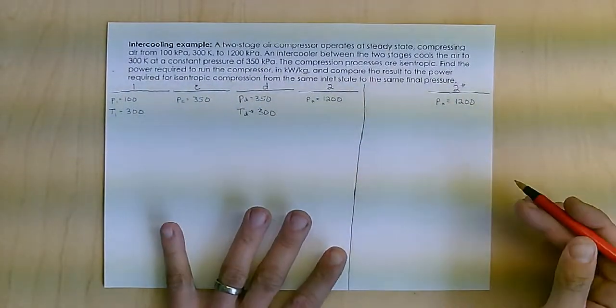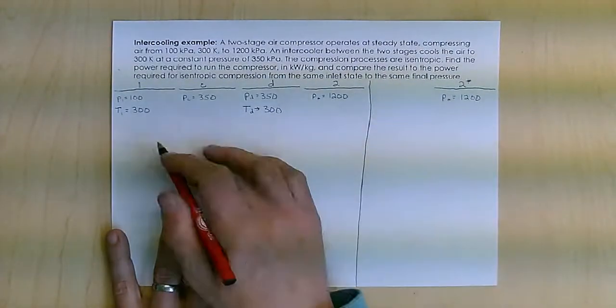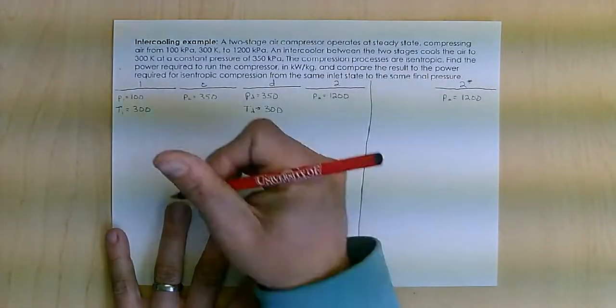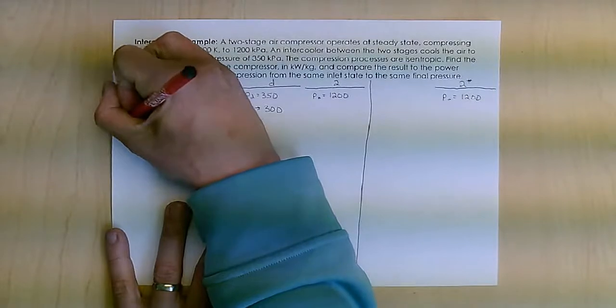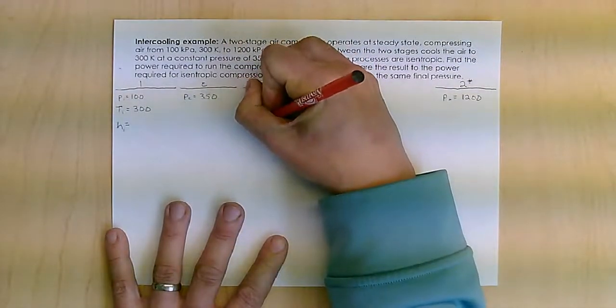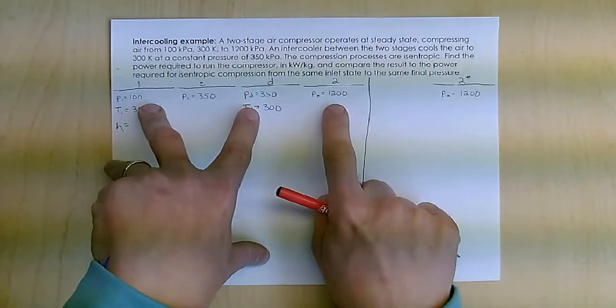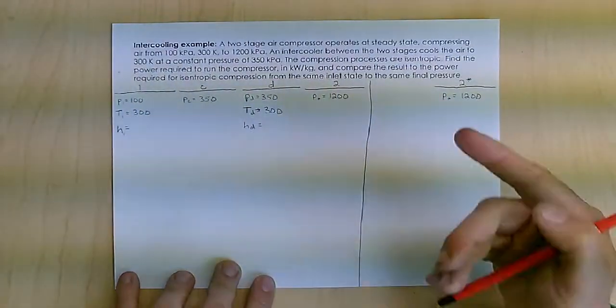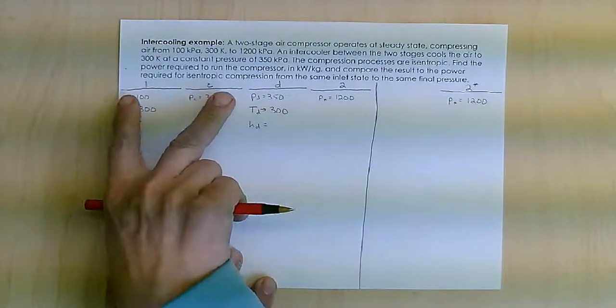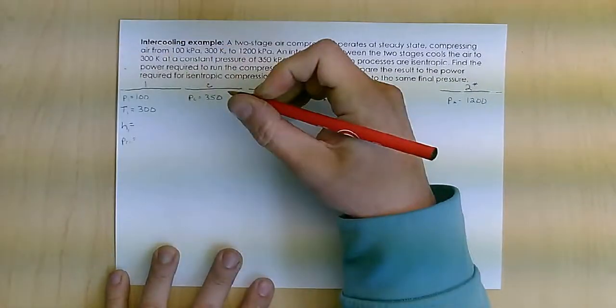So as per usual, what we want to do is find our H values. I can look up H1 and HD directly, because I know that's at 300 Kelvin. Now, 1 to C and D to 2 are isentropic compressions, so I'm going to use the pressure ratios, those relative pressures, to figure this out.